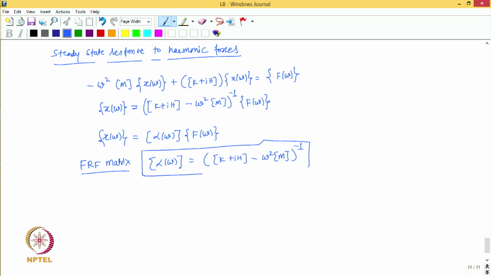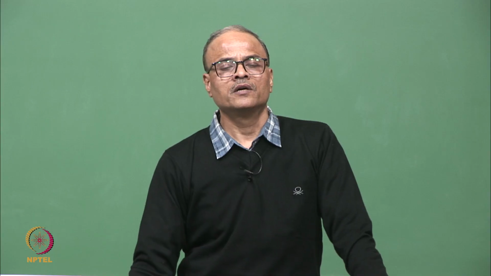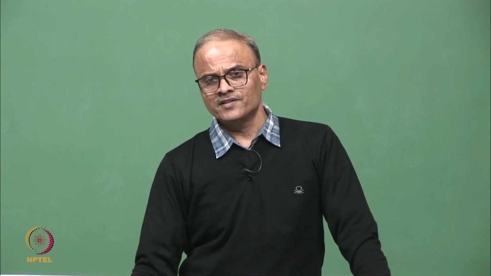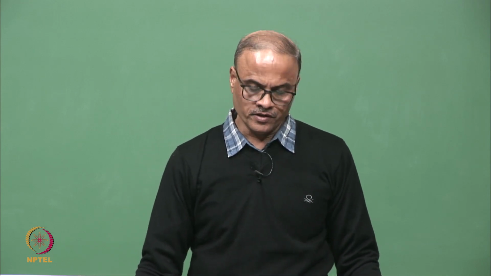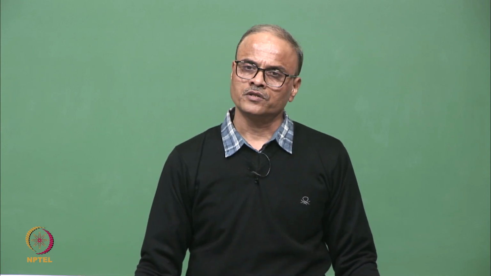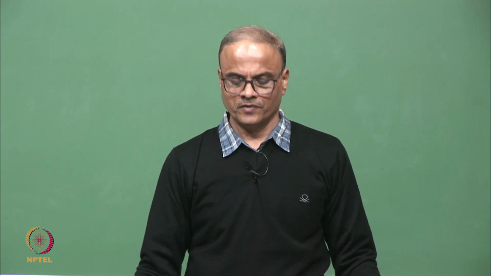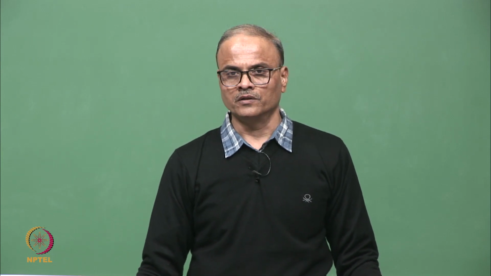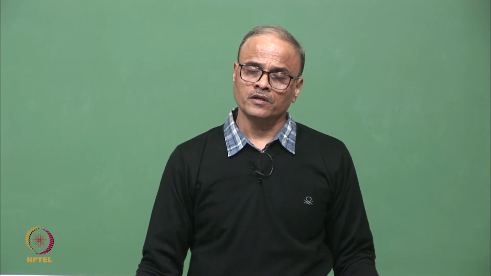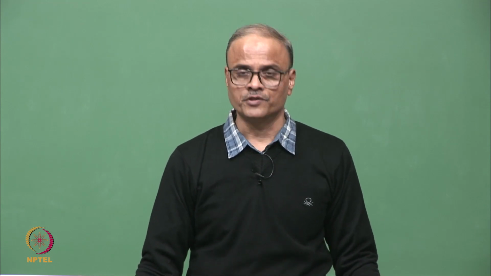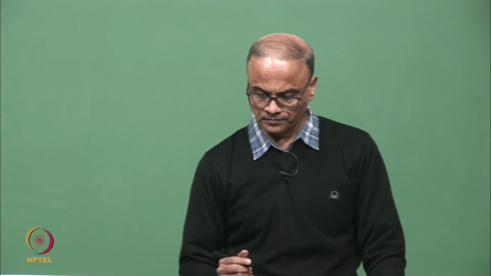We also said earlier why this coefficient matrix represents the FRF matrix. The reason is that this matrix relates the steady state response of the system to harmonic forces, so it quantifies the relationship between the harmonic input and the harmonic output, and hence it represents the frequency response function matrix.